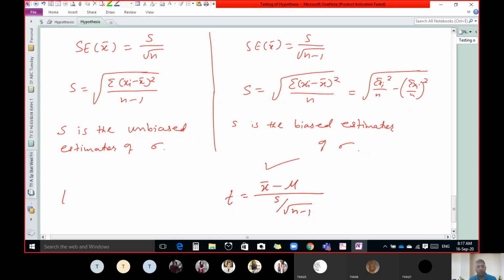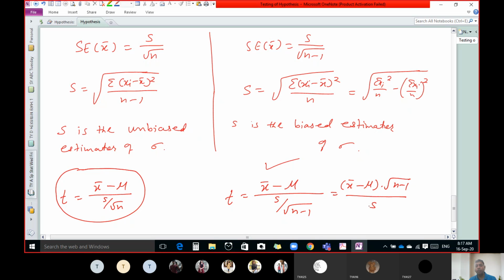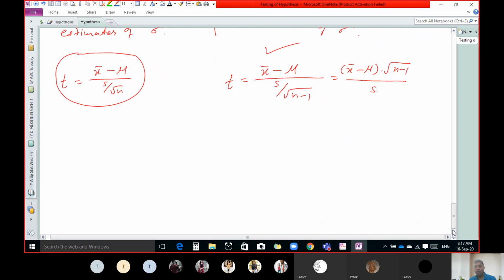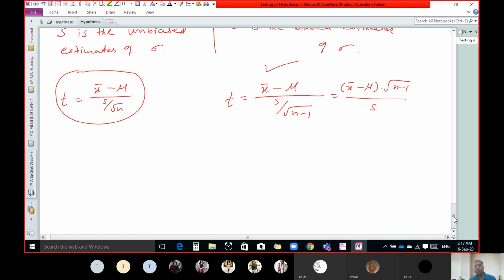In some books you will find t as x bar minus mu upon s upon root n. We are going to use the second formula, and if you simplify, it becomes x bar minus mu into root n minus 1 upon s. So this is the formula of t. This is our main formula.